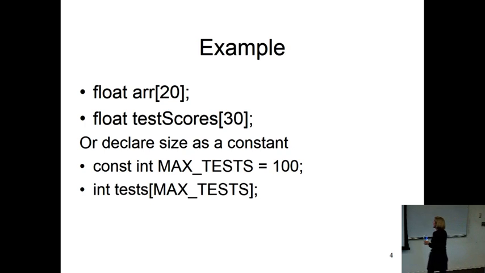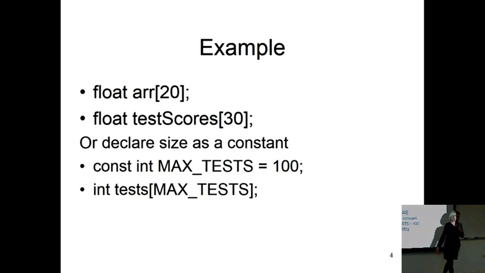I could have made a constant and then replaced it. It doesn't have to be a 30 there. That's oftentimes done when you declare arrays, so that if you want to change it later, you can change it in that one location. But the bottom line is whatever's in those square brackets must be a known value. It can't be an X or a variable. Okay?